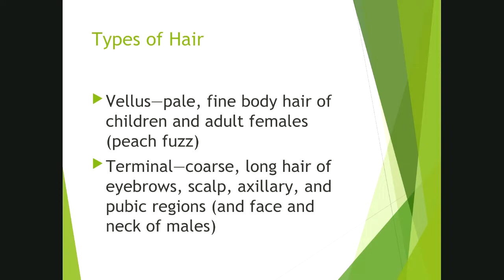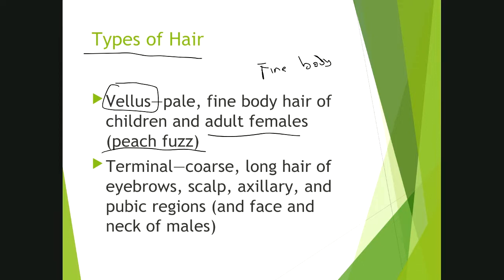Well, not only do we have hair, we have different types of hair. We have this hair which is called vellus hair. The easiest way to think of it is like peach fuzz. It's fine body hair. If you picture a child's face, or a female's face, there's this fine hair there.